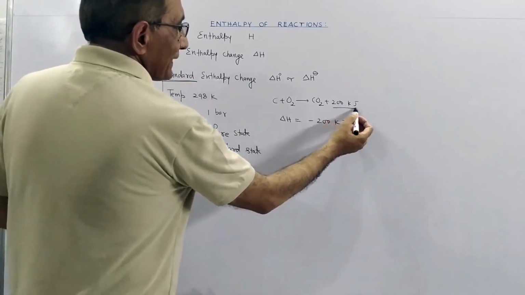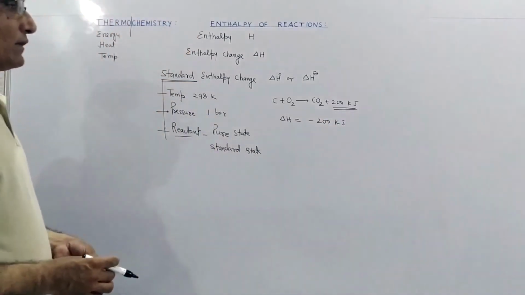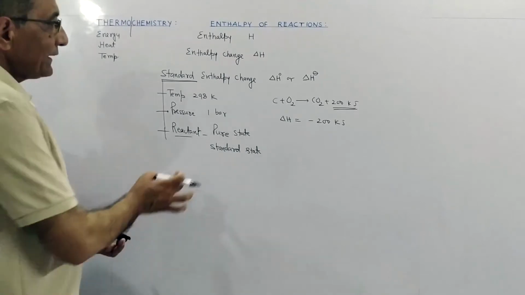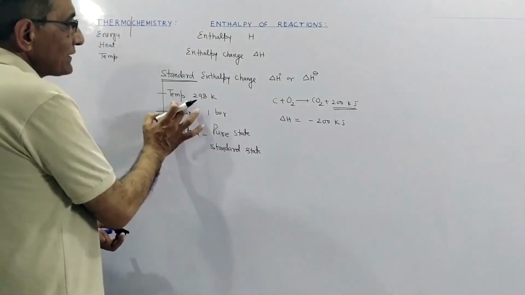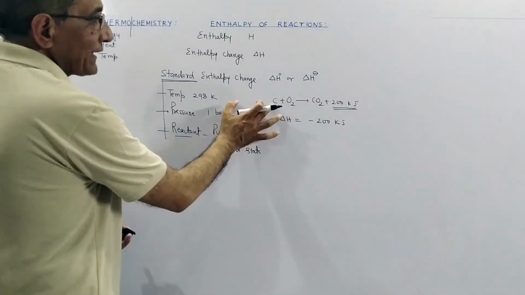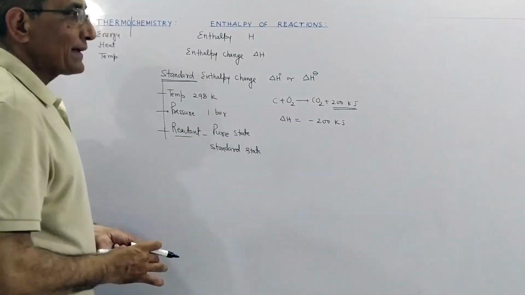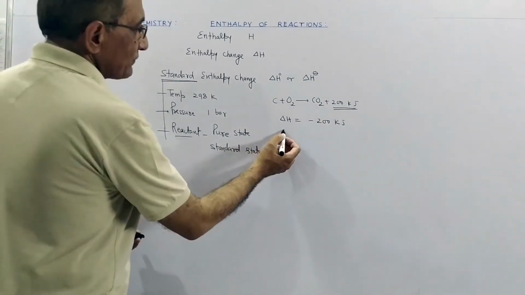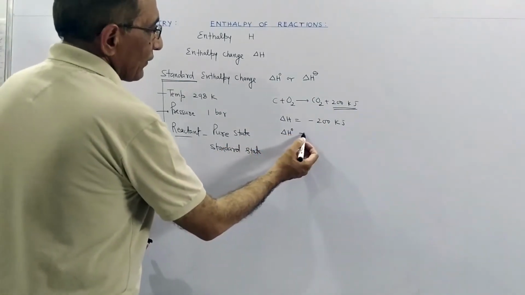It is an exothermic reaction because heat is given out here. So enthalpy change will be minus 200 kilojoule. And if we carry out this reaction in the standard state, with this temperature, pressure and pure state of reactants, carbon as graphite and O2 in gaseous state, then it will be the standard enthalpy change of this reaction, delta H naught.